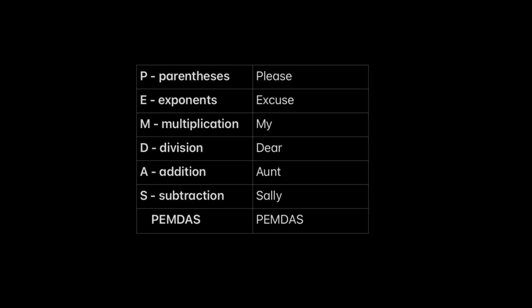There is an acronym that is formed from this order of operation, and that acronym is PEMDAS. PEMDAS is simply a way for you to remember the order in which the operation is to be performed in order to arrive at the correct answer.